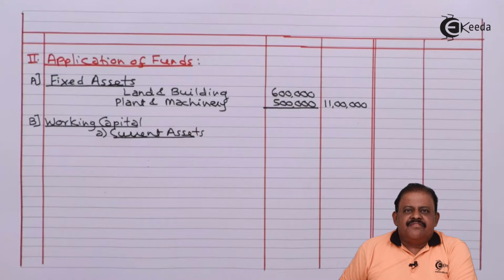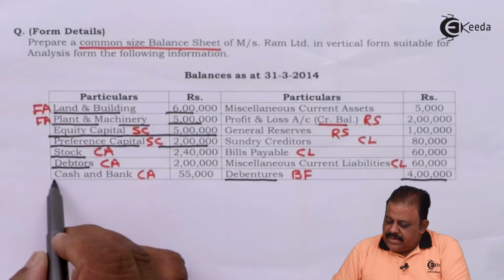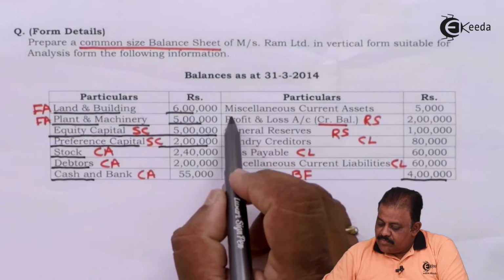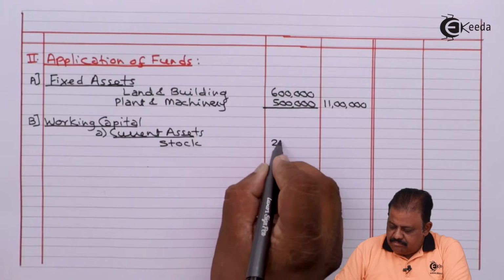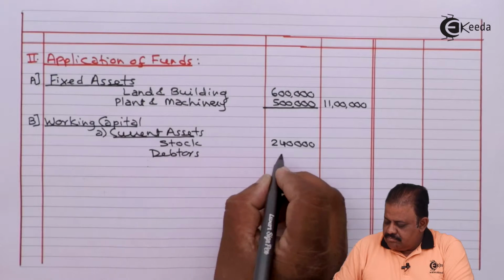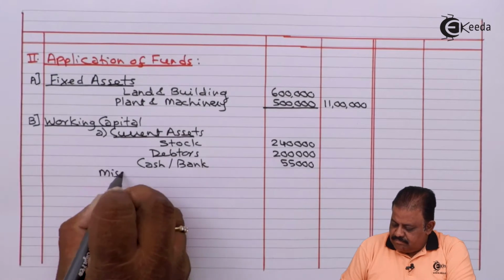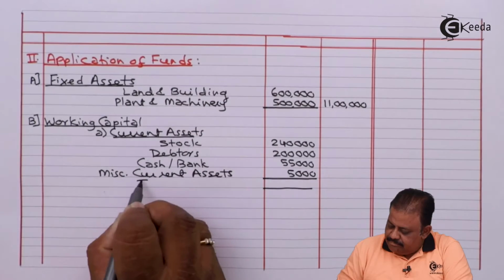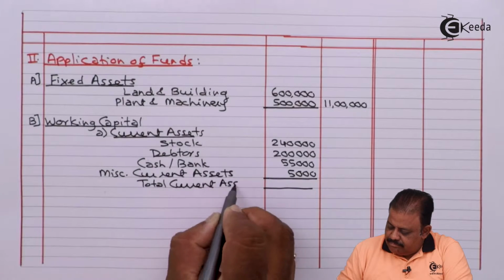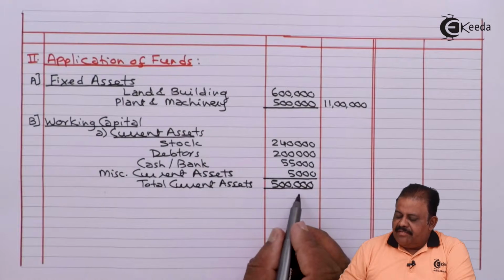In working capital, first we have current assets, stock, debtors, cash and bank balance, miscellaneous current assets. Total current assets we have 5 lakhs.